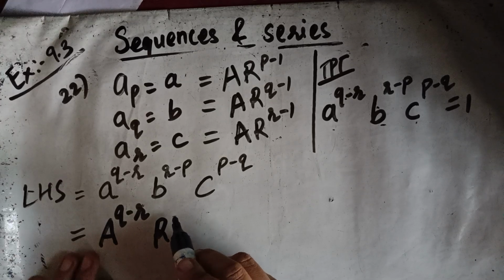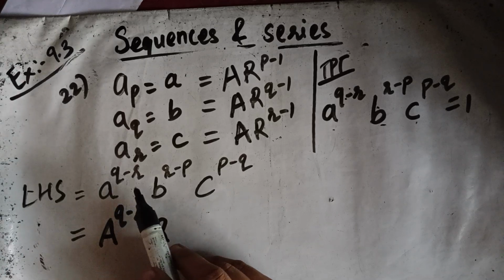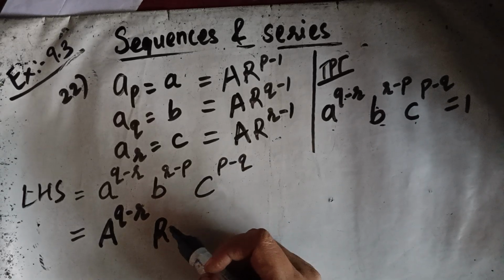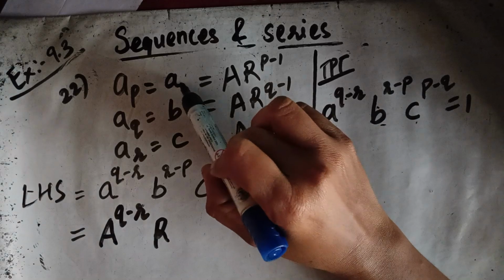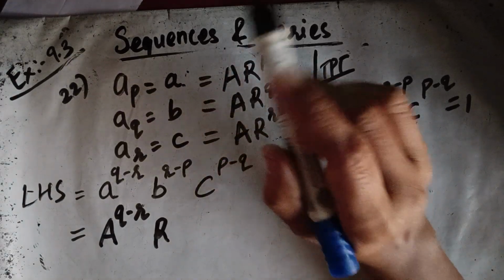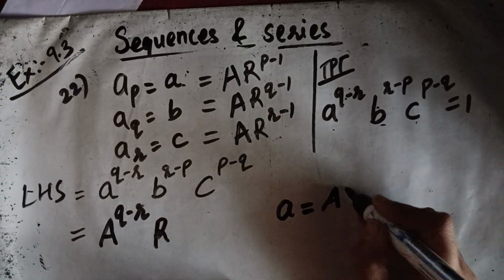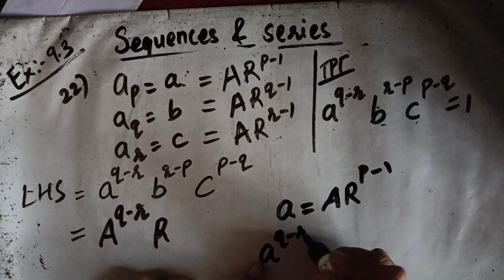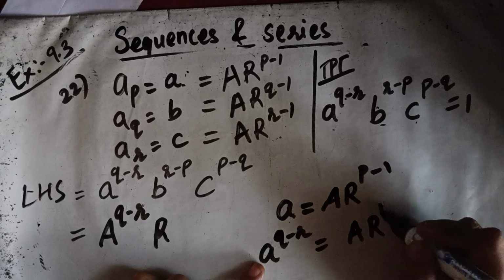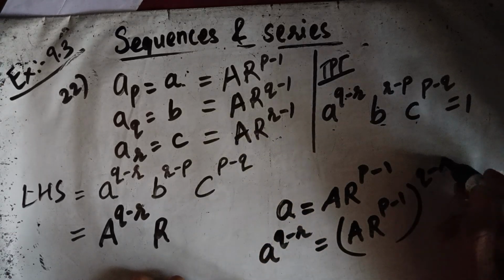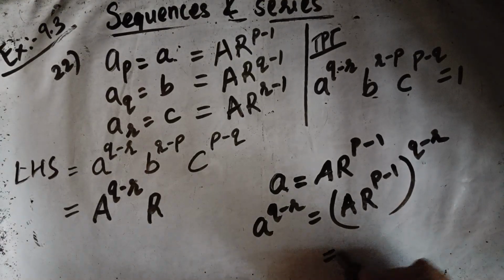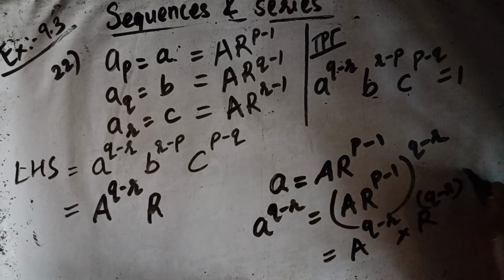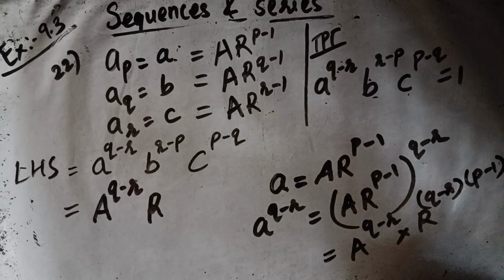That is, we are writing A raised to Q minus R, where A is our A R raised to P minus 1, correct? So this will be A R^(P minus 1) raised to Q minus R. So it will be A raised to Q minus R into R raised to Q minus R into P minus 1. Like this.